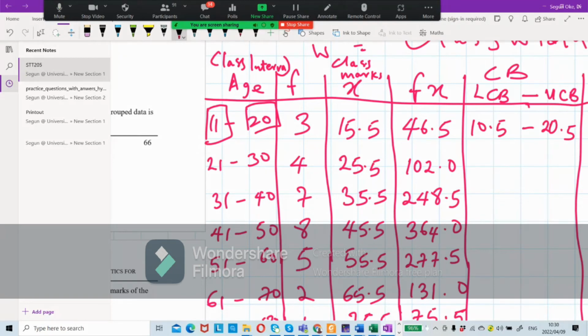Then the next is 20.5 to 30.5. The next, 30.5 to 40.5. Yes. 40.5 to 50.5. We have some.